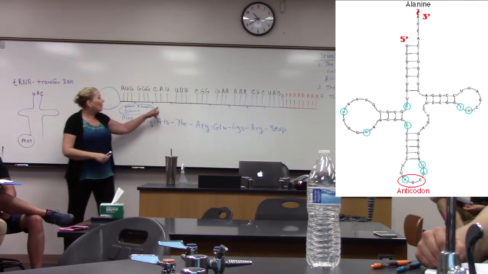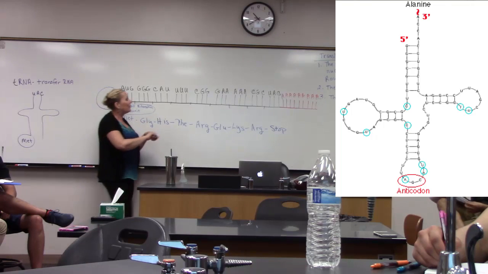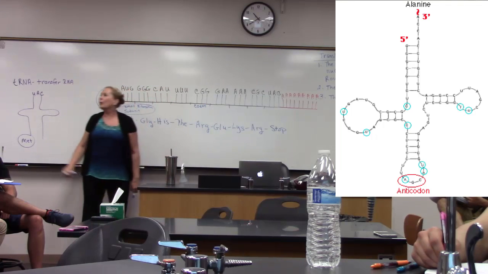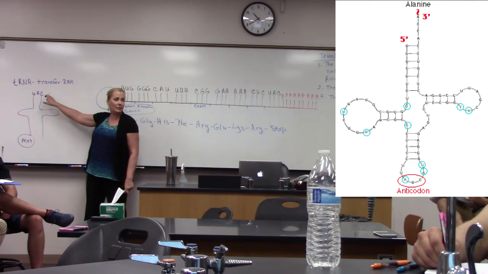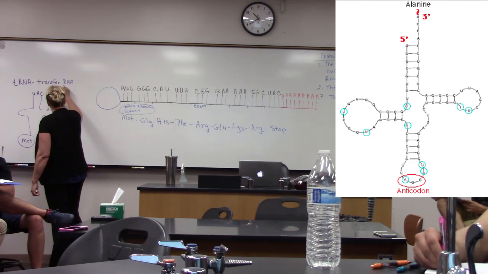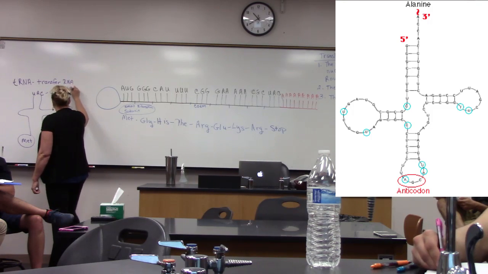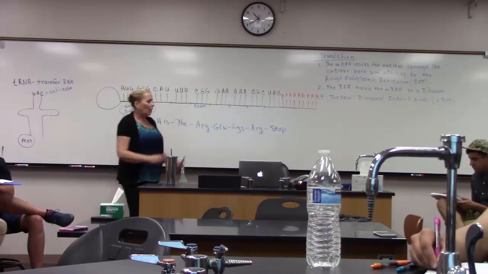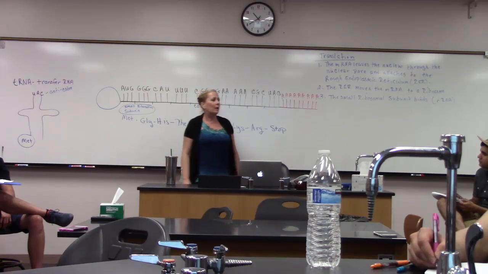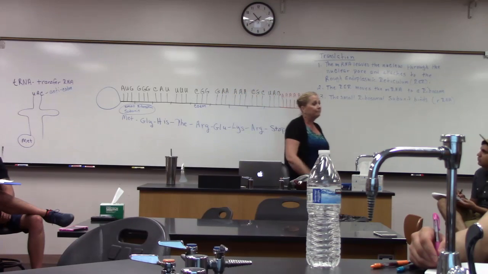Now, of course, we've already called these 3 bases together here on messenger RNA a codon. So what we're going to call these 3 bases on transfer RNA instead of a codon, we're going to call them an anticodon. So the anticodon is the code for which amino acid this transfer RNA will pick up in your cytoplasm.